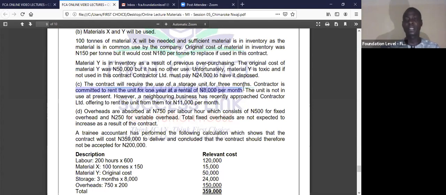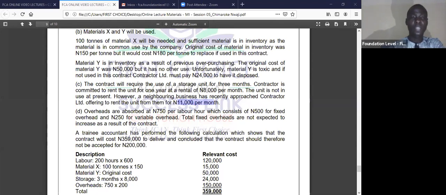It's committed. But now the opportunity cost is 11,000 per month. So the person is already committed to giving you 8,000 naira per month, and you have seen an opportunity for 11,000 per month. What is the difference between 8,000 and 11,000?